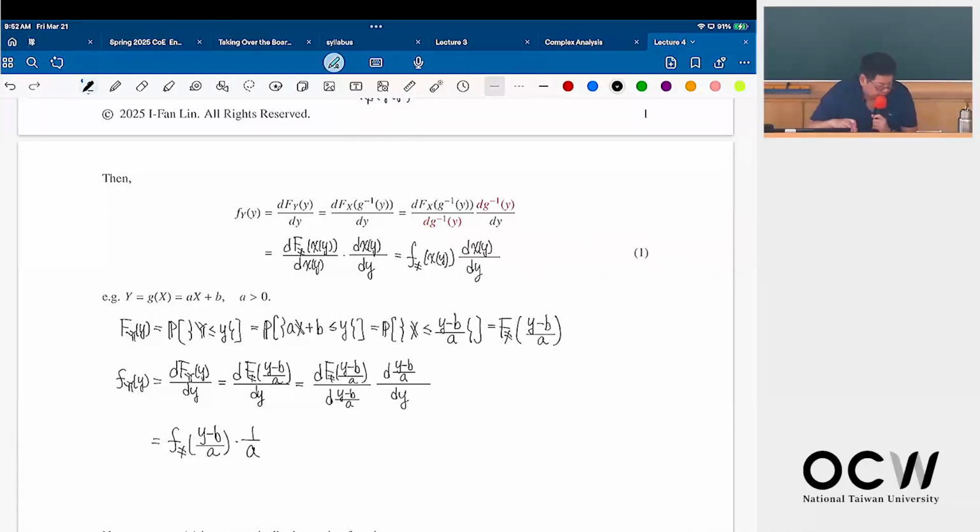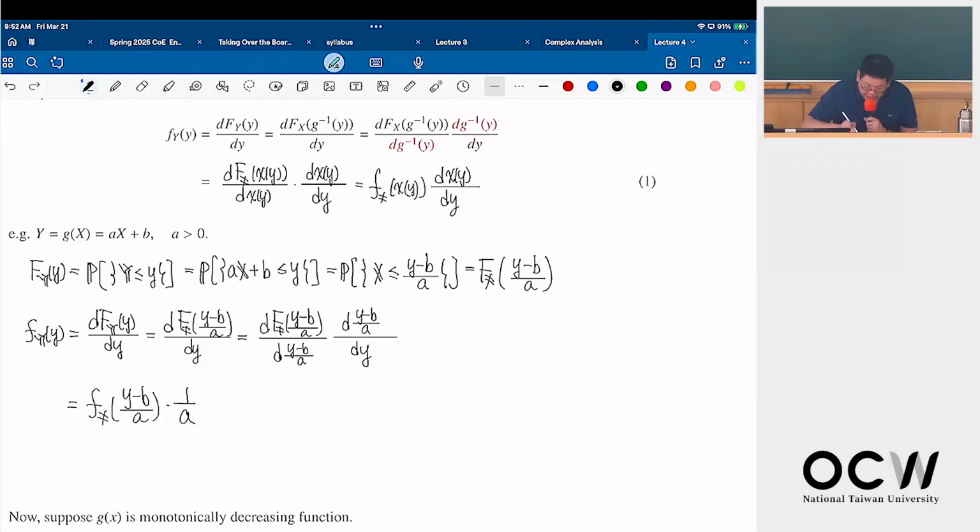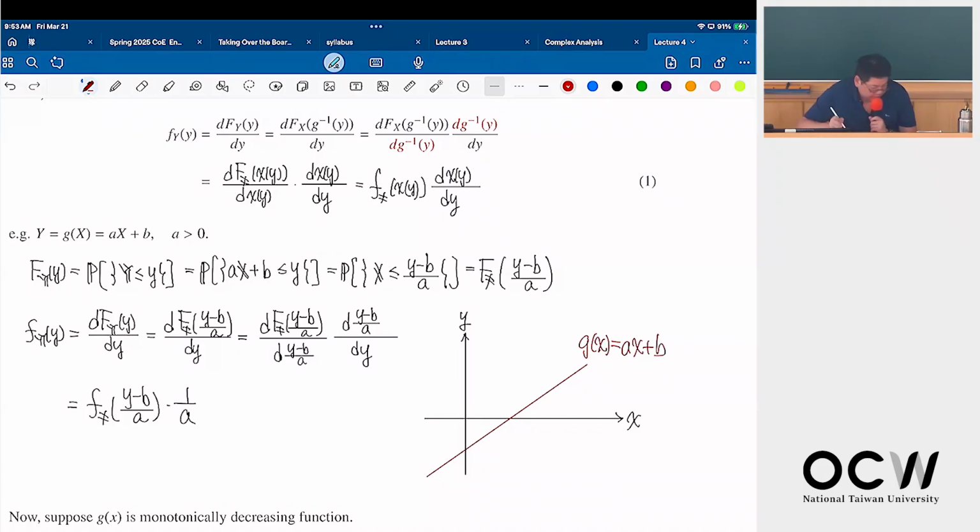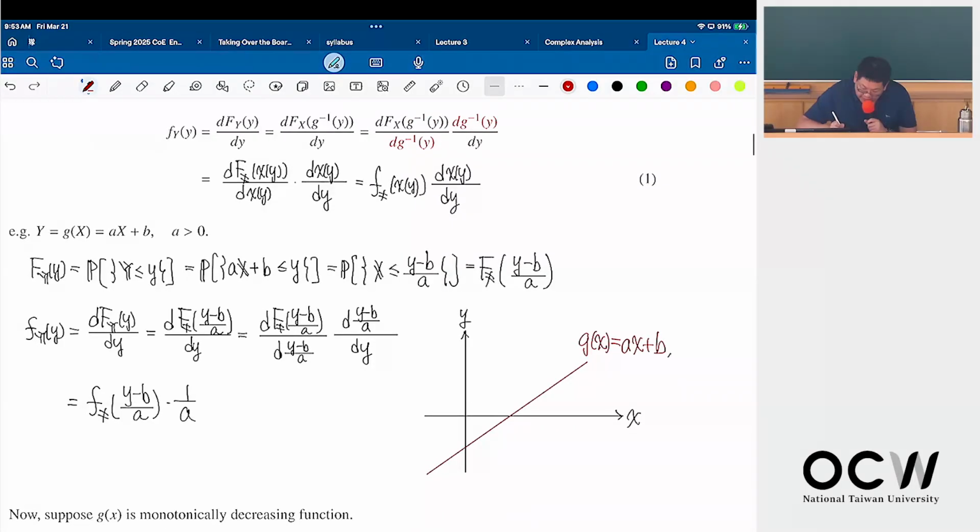Okay, we can also draw this relationship. Here is x, and then here's y, and I have y equals ax plus b. A is greater than 0, so this line is g of x equals ax plus b, and the slope is positive.